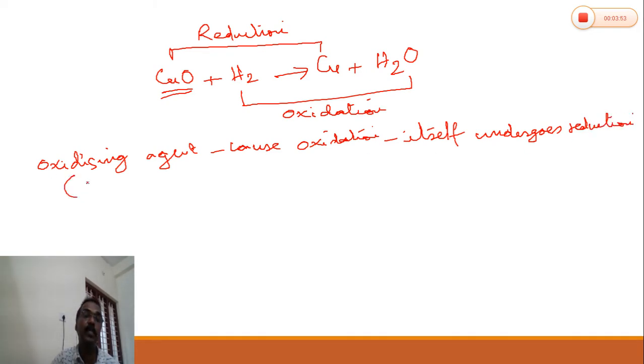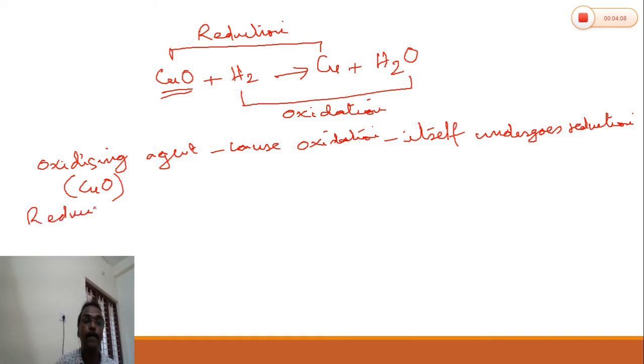Here, the oxidizing agent is copper oxide. Which undergoes reduction? Copper undergoes reduction. Who causes reduction? Hydrogen. So hydrogen is called the reducing agent.